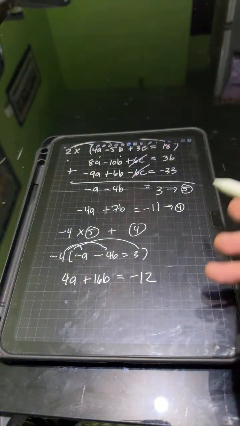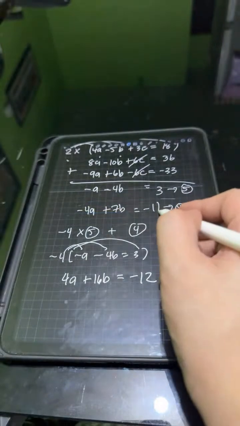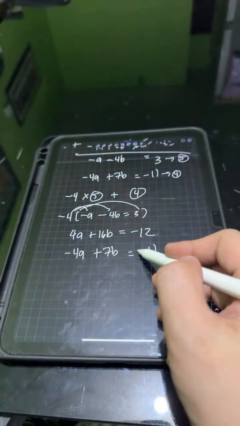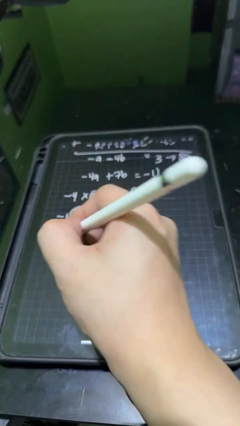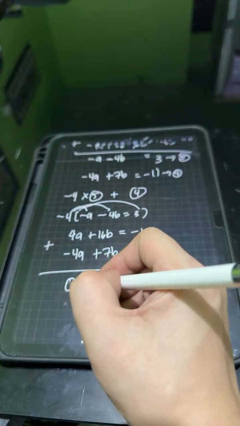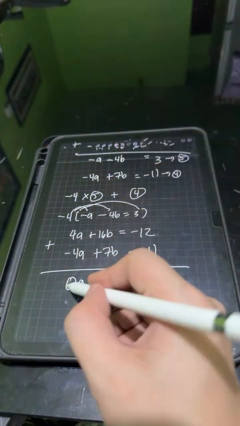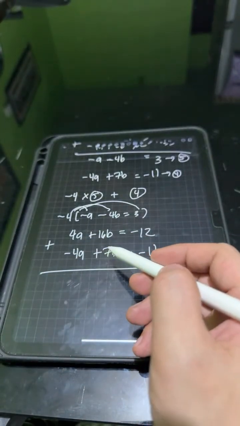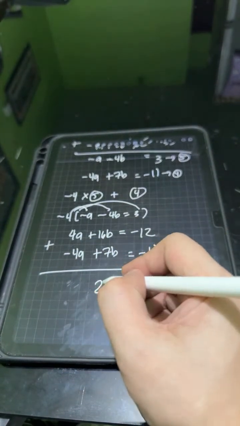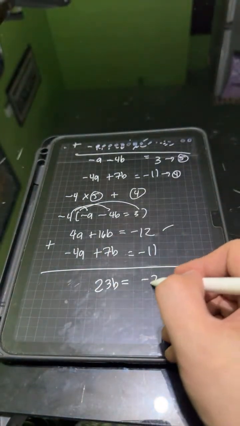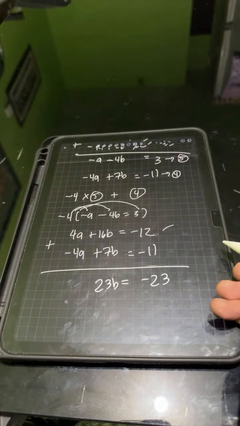And then if we add now equation 4, so 4a plus negative 4a, 0a. So we already eliminated the a as our goal. Then 16b plus 7b, that's 23b. And negative 12 plus negative 11, negative 23.